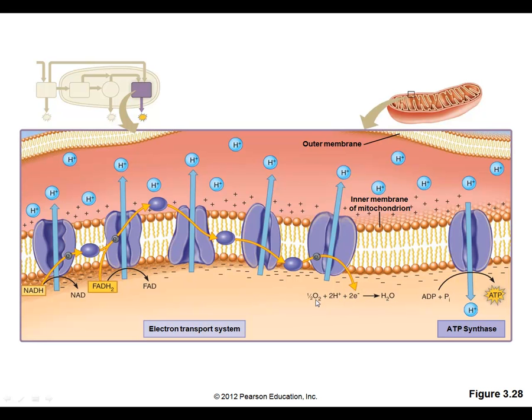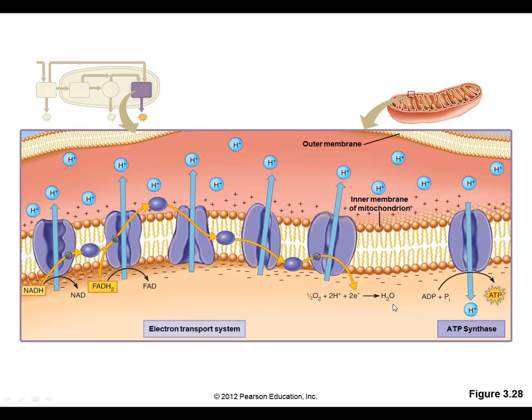So oxygen plus hydrogen ions plus the electrons that came from here can make you the water. If you remember, the carbon dioxide was released at the preparatory step and at the citric acid cycle.